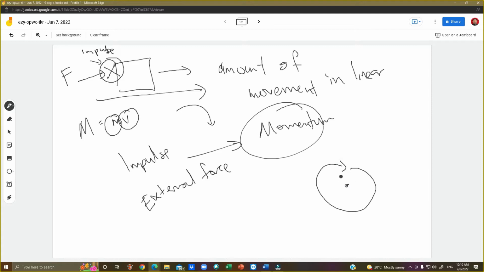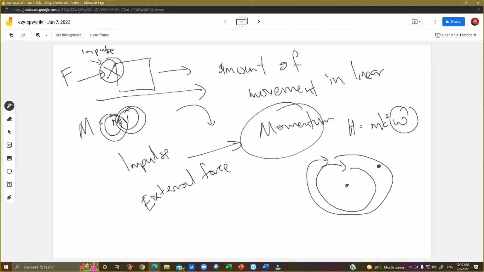Here we have mass and velocity, but in angular momentum, it is the moment of inertia and then the omega. How fast the rotation occurs is the velocity in terms of angular, and the weight or the mass of the rotating object is the moment of inertia.